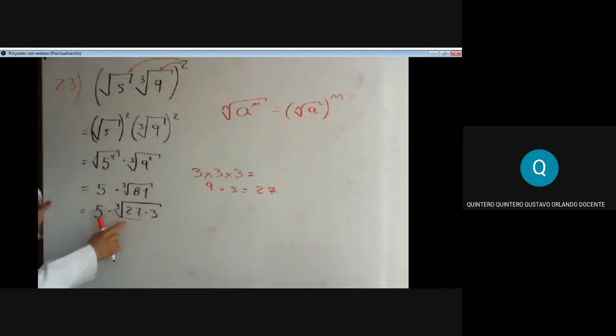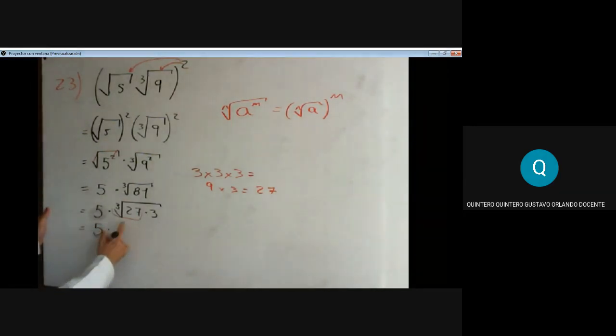So we know the cubic root of 27 is 3. So far we have 5 by the cubic root of 27, which is 3, by the cubic root of 3.